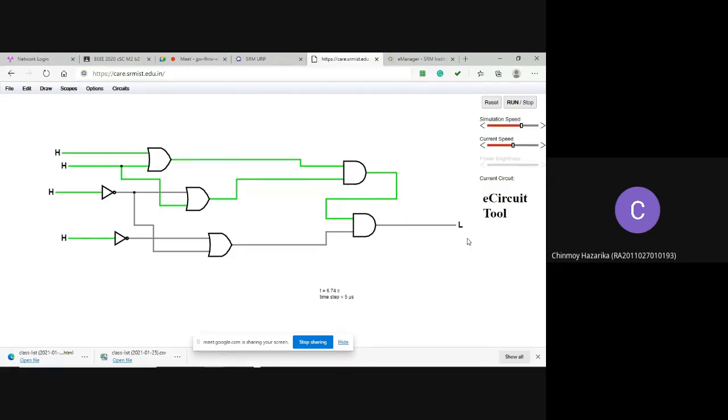Are you taking it down? 0, 2, 3, 4. Are you taking 0, 2, 3, 4?